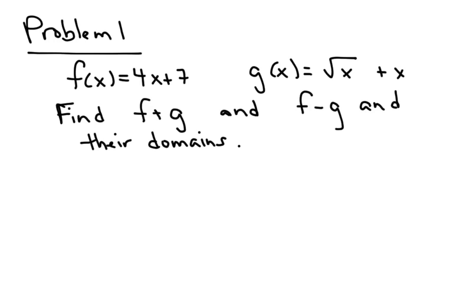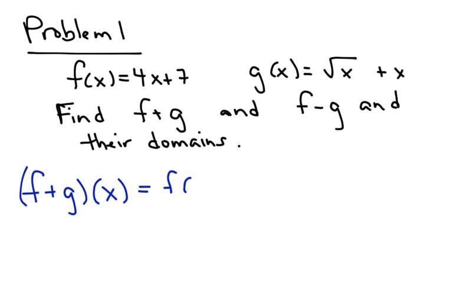So there are two ways of writing addition of functions. Sometimes it's written like this. This is pronounced f plus g of x. And sometimes it's written like this. Both notations mean exactly the same thing. I point out this notation because sometimes students confuse it and think I'm asking you to add two functions and multiply by x. That's not what I'm asking you to do.